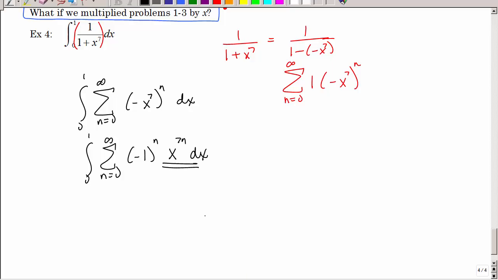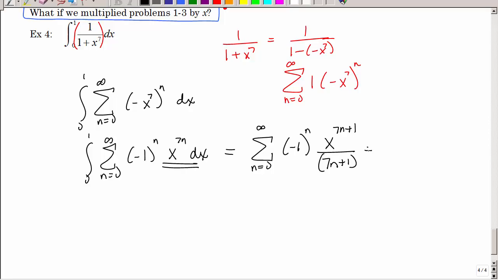So just integrating with respect to x, that's going to be keep my power series. Then I'm going to keep my negative 1 to the n, and then I'll have x to the 7n plus 1 divided by my new power.